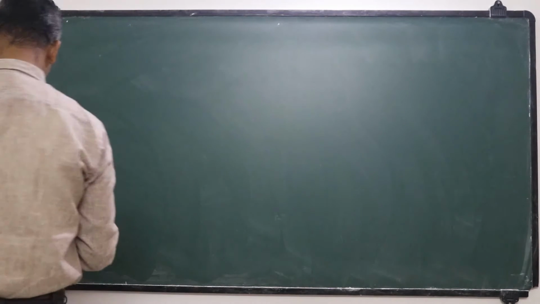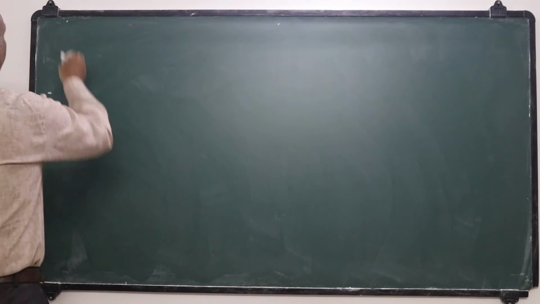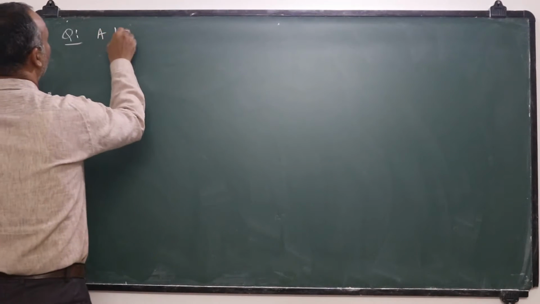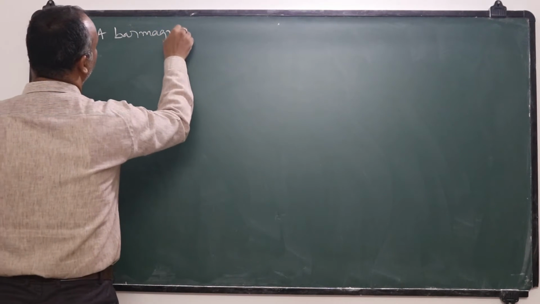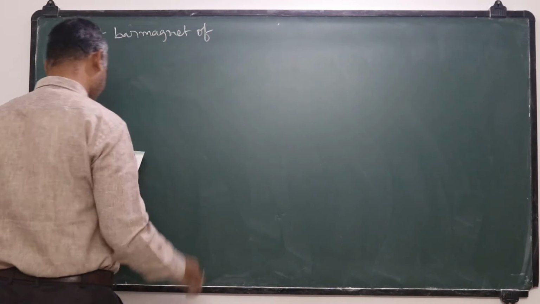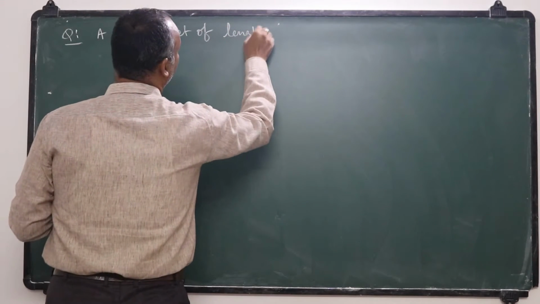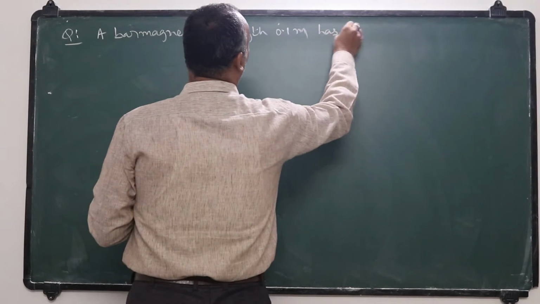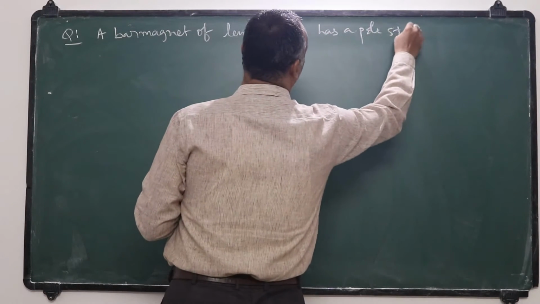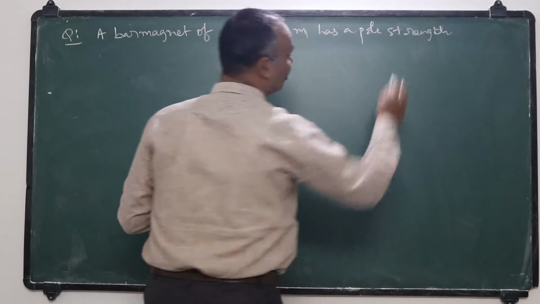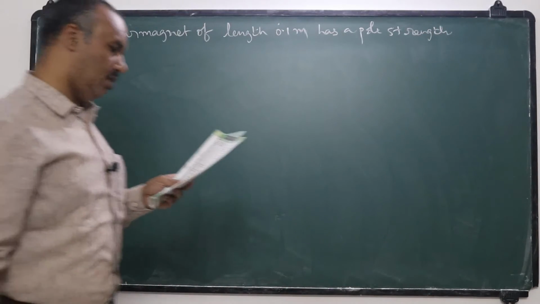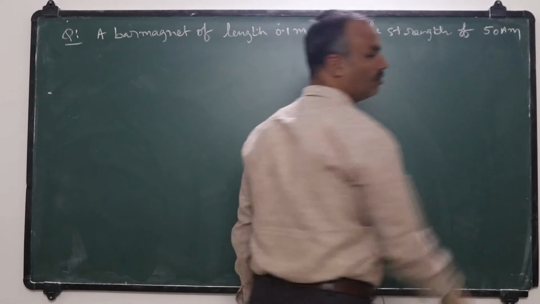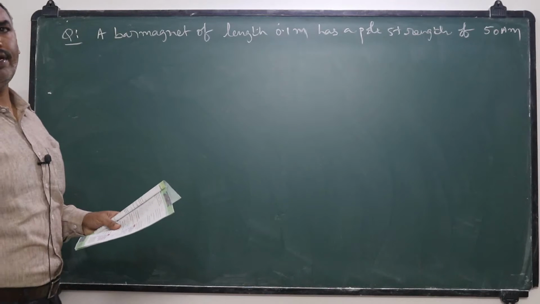Here is a question. The question says, a bar magnet of length 0.1 meter has a pole strength of 50 ampere meter.